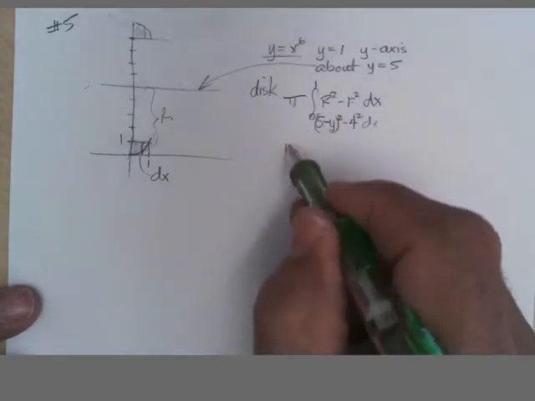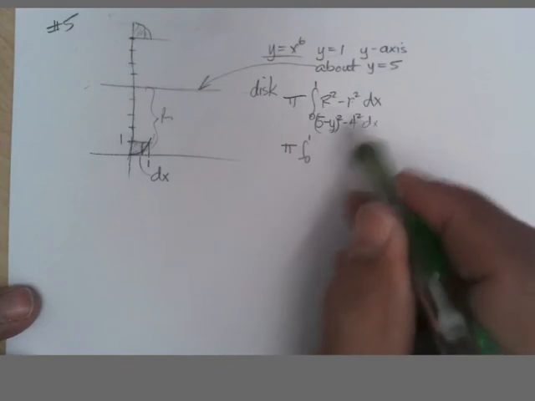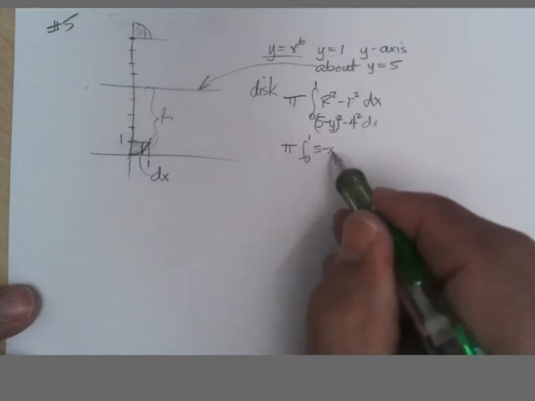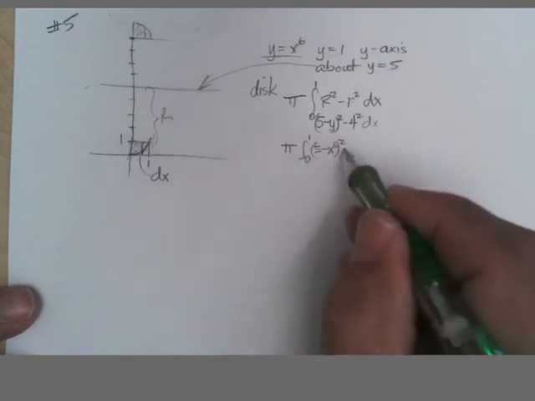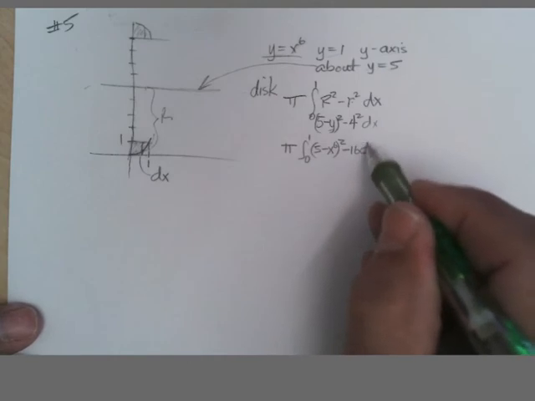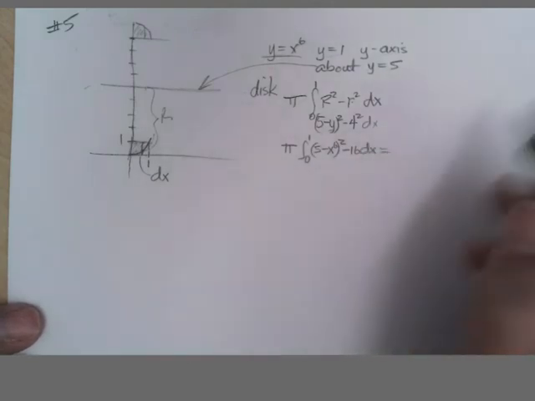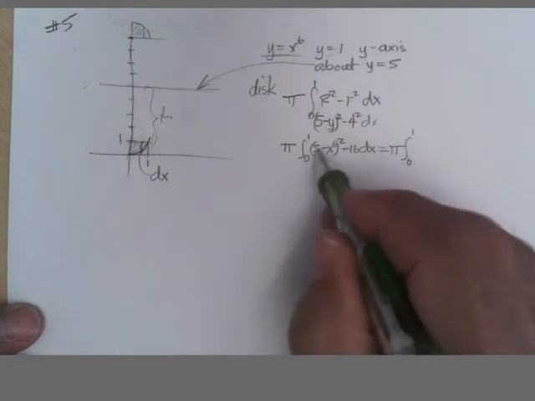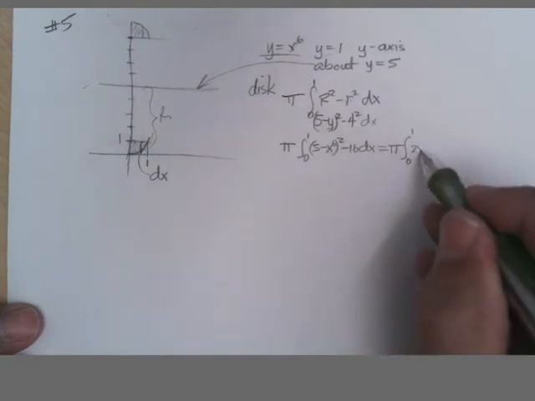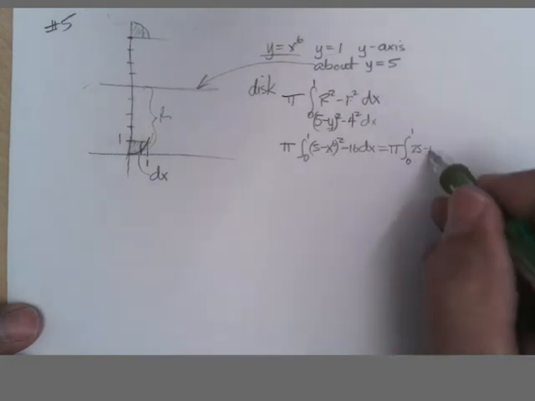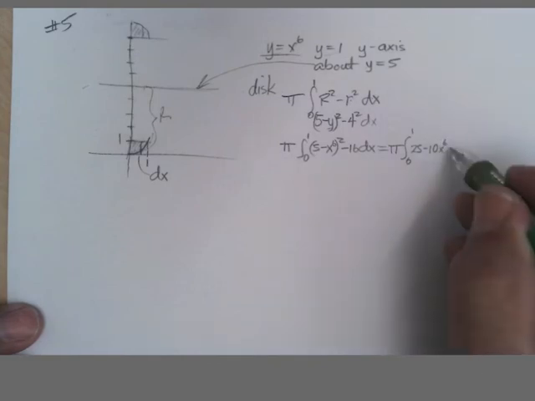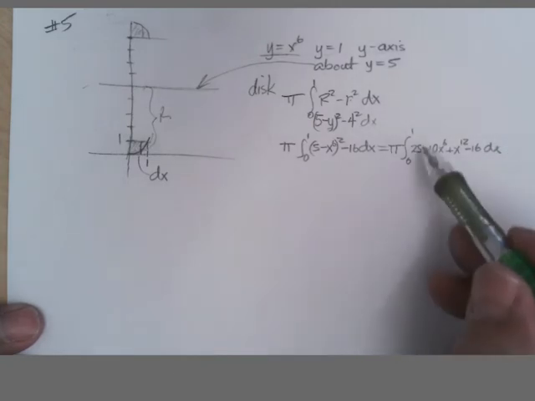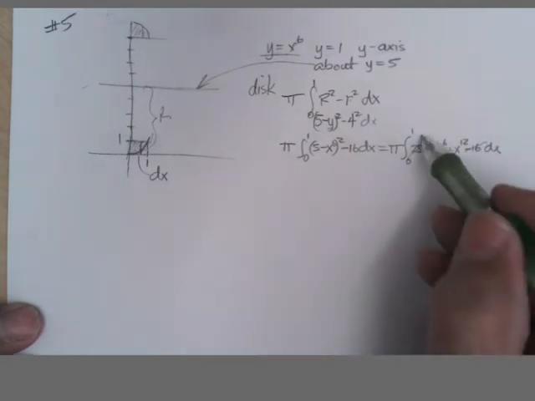So we're going to have pi times the integral from 0 to 1 of the quantity 5 minus x to the 6th, squared, minus 16, dx, which would be pi, the integral of 0 to 1 of this squared, which would be 25 minus 10x to the 6th plus x to the 12th, minus 16. 16 from 25 is 9.